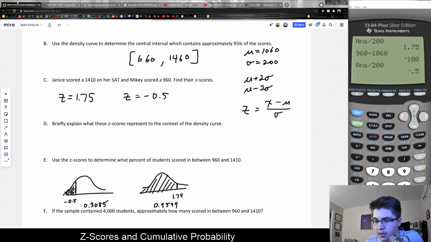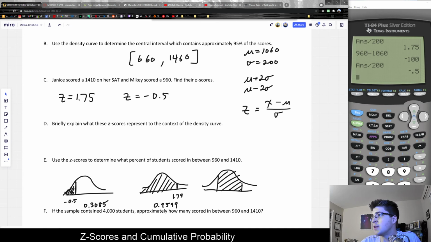And what we want to know is what percent of students scored in between negative 0.5 and 1.75. As I said in class, it's the difference between the cumulative probabilities of each. You basically just take this probability minus this probability. That will give us the probability we care about, the percent of students in between those two z-scores.